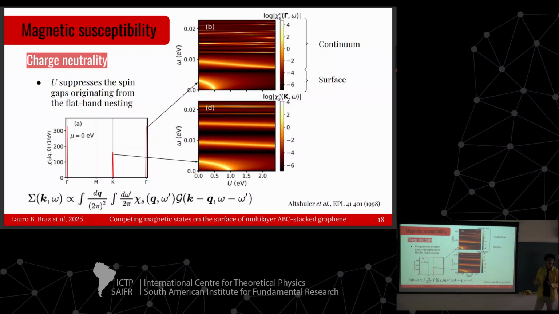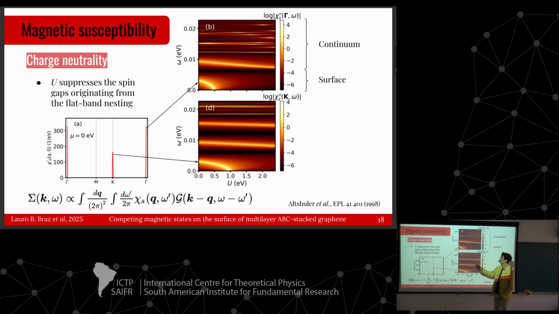And what we see is actually that there are two regions here. In the y-axis, that's the imaginary frequency with the poles, and the x-axis is the value of the Hubbard U. And the brighter the color, the larger the value of the imaginary part of the susceptibility.